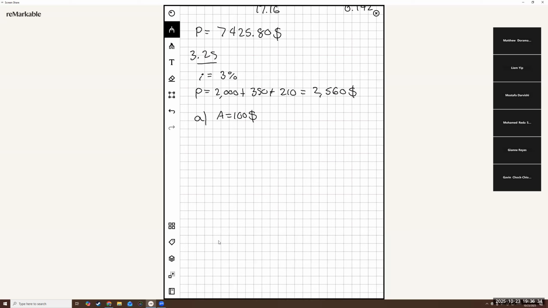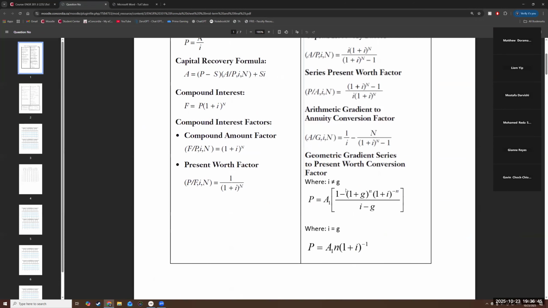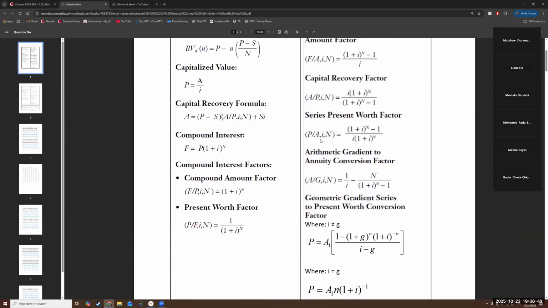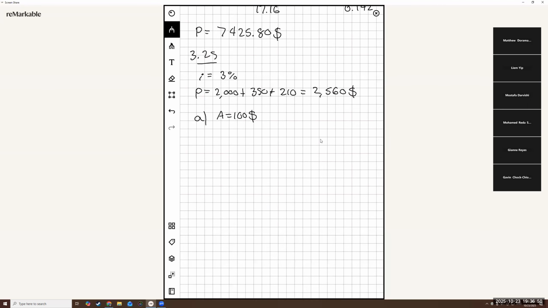So keep in mind we are comparing between a P value and an A value. So let's use a formula that allows us to make this comparison. For instance, P/A. So our present value would be equal to our annuity, P/A, at 3% interest, but we don't know the n, the amount of periods. So let's plug in what we know. 2,560 is equal to $100 times this factor.